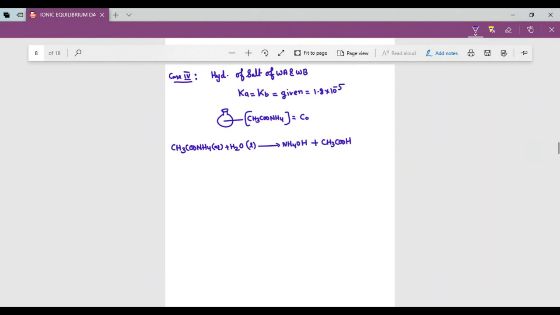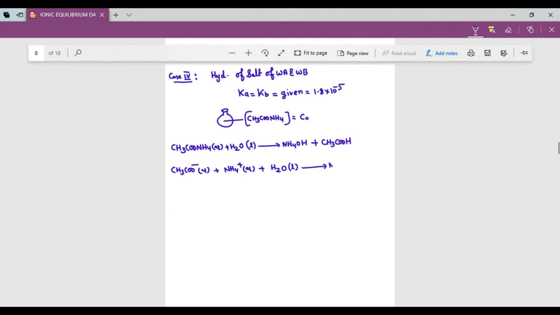So now if I further simplify what is happening, this salt is present in the form of ions. So acetate ion is there in the solution, and NH4+ ion is there in the solution, and it is reacting with water H2O in liquid state to form either ammonia or NH4OH, both are same, right? So whatever you want to write.